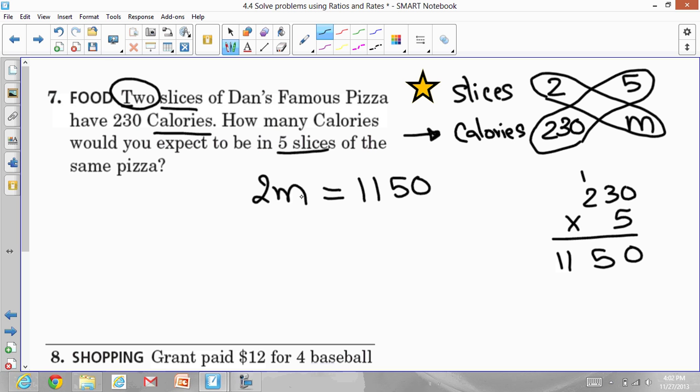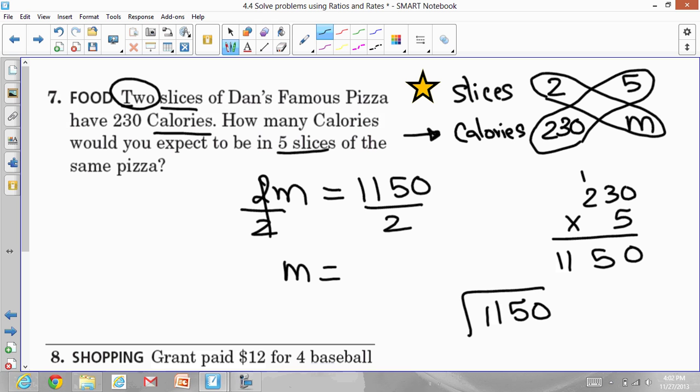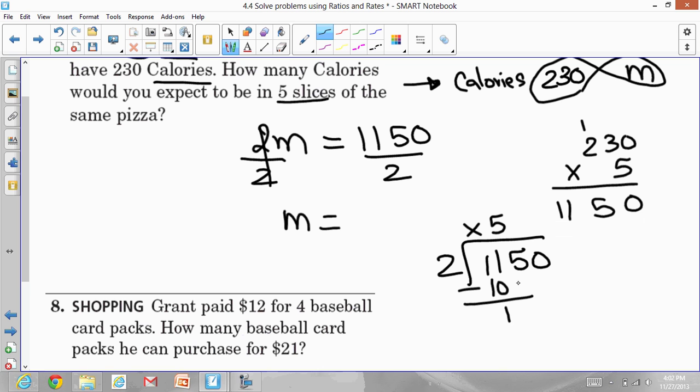Last step, get M, divide by 2 here and divide by 2 here. Cancel, M equals. So 1150 divided by 2. Top number goes in the shelter, bottom number outside. So this is going to be 5, 10, 1, bring the 5 down, 2 goes into 15 7 times, which is going to give you a 14. 1, bring the 0 down, 2 goes into a 10 5 times, which is an exact thing.